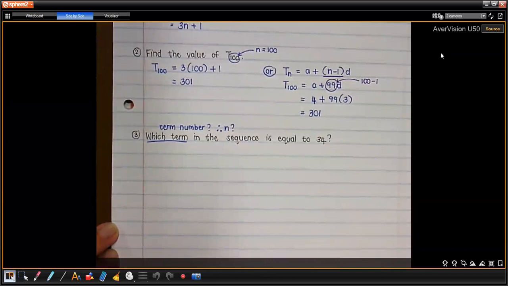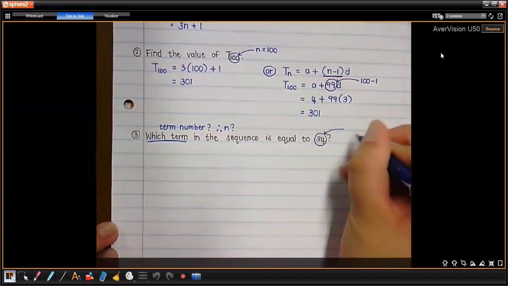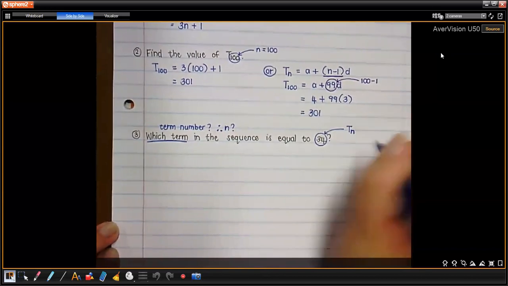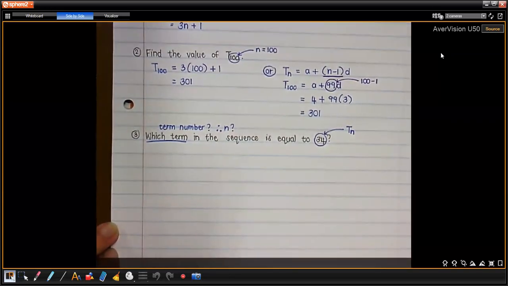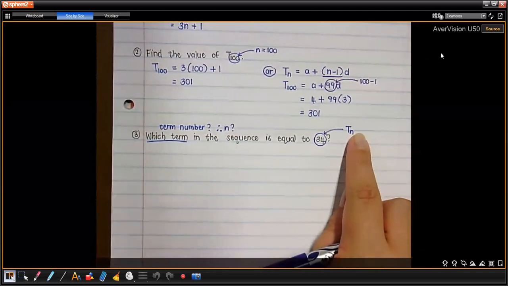So now they've given us a specific term. All right, so what we're going to do is we're going to make this 34 actually equal to term n. We don't know which term that is. It might be term 10, it might be term 11, it might be term 12, we don't know. So we're going to make that equal to term n and then solve for n in the formula.